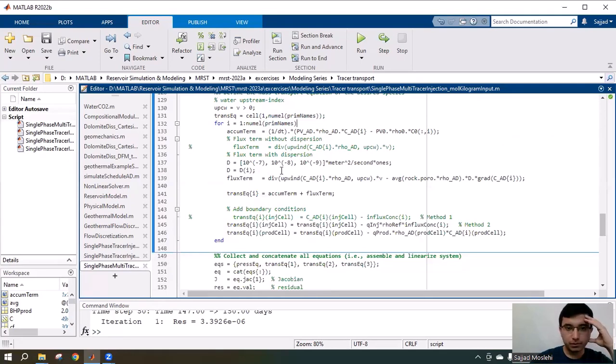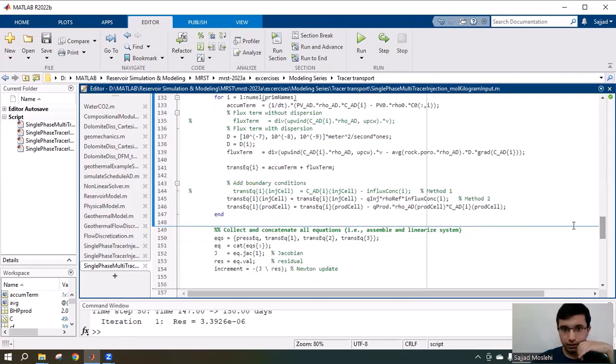So 3 times this loop occurs. Very good. And because we have different chemical species, we could consider different diffusion coefficients in order to see the effect of diffusion coefficient on their concentration as well. All right, very good.